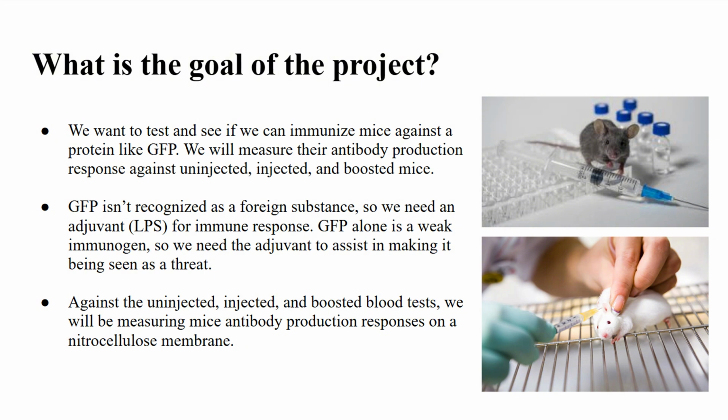That way, the immune system will be triggered and the body will identify the GFP as a potential threat and build antibodies against it. We will be testing this in the future with Isaiah's and Dante's future explanations. Against the uninjected, injected, and boosted blood tests, we will be measuring their antibody production responses on a nitrocellulose membrane.